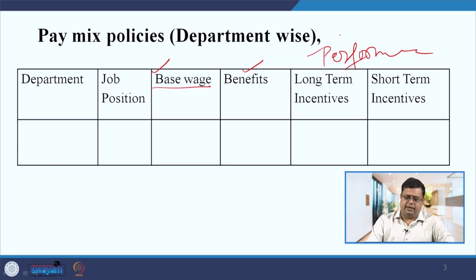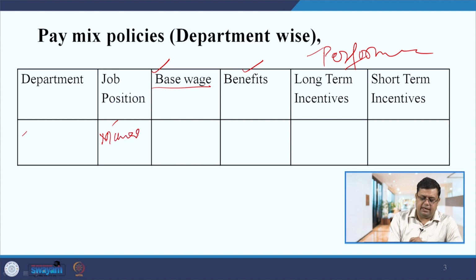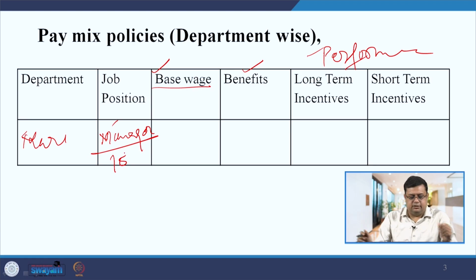So, how much we are paying, what is the component of these benefits in the total salary that we are drawing. What you can do is, first identify the department and job position. For a job position, let us say manager, in any department, say the marketing manager. Let us assume 10 managers are working in this department.